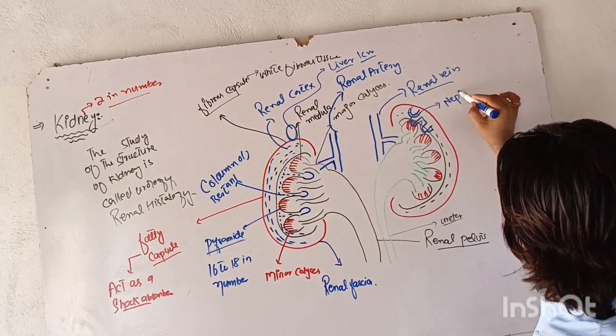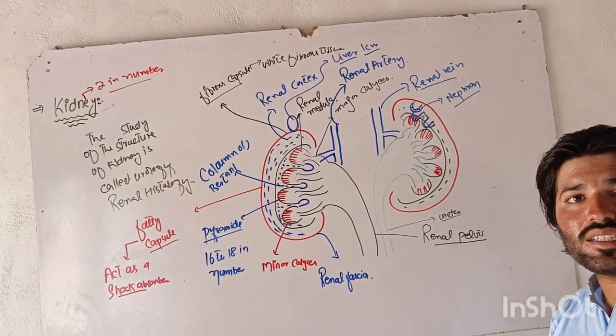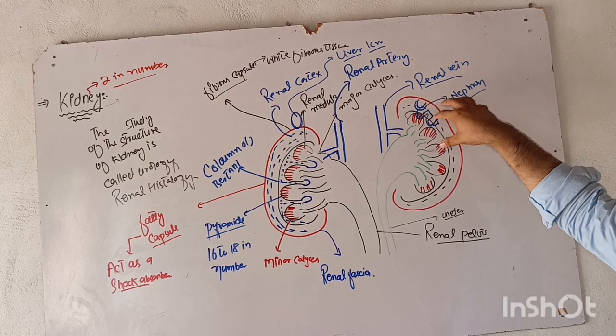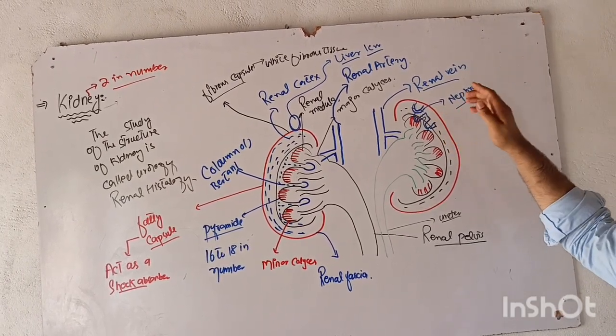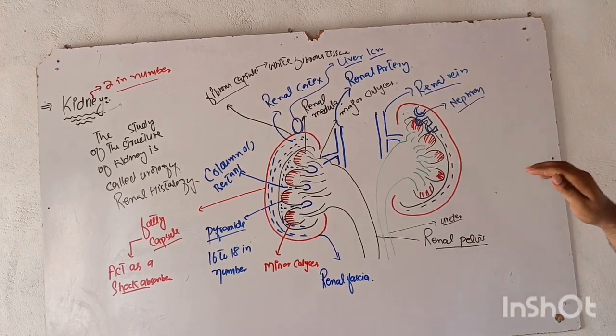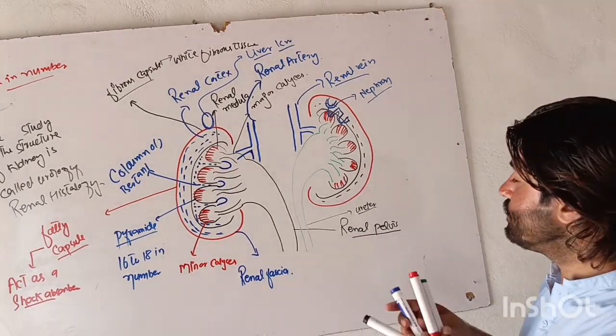Part of the nephron, the Bowman capsule and glomerulus, is present in the outer part of the kidney, known as the renal cortex, and the lower part of the nephron is present in the inner part of the kidney, which is known as the renal medulla.